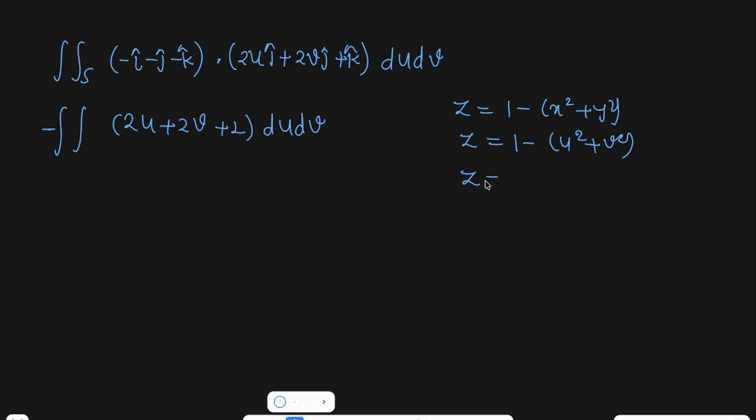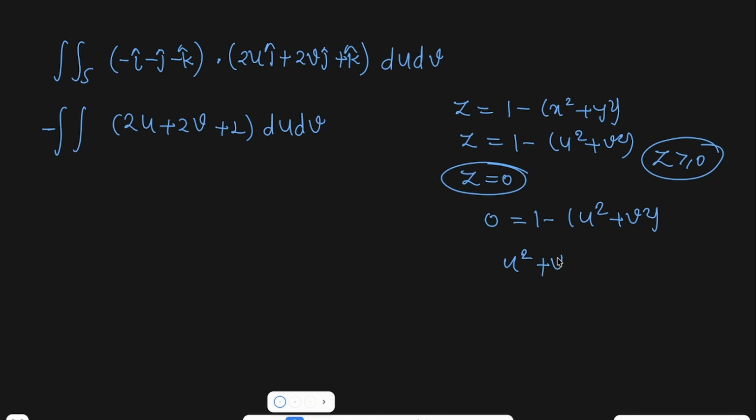From here, if I take z equal to 0, because z is greater than or equal to 0, I can take z as 0 for the initial point. Then 0 is equal to 1 minus (u square plus v square). Then it is basically u square plus v square equal to 1. So now it is a circle. Just convert into polar form. So basically u is equal to r cos theta, and v is equal to r sin theta.